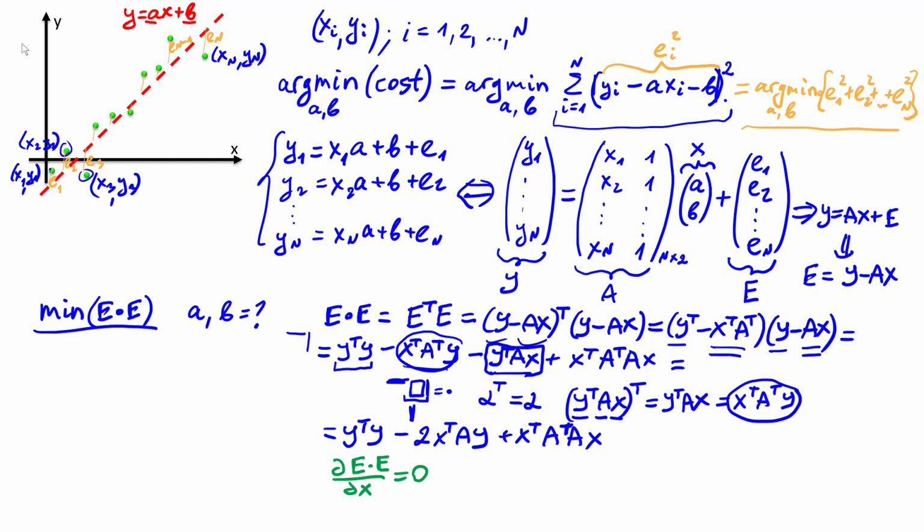Also, I need to mention a few things from vector calculus and matrix calculus. A few expressions that I will not prove, but I will just show you. First is the derivative of the function x transpose multiplied by some matrix A with respect to dx, which is A transpose. So this is the first formula that you need to remember here.